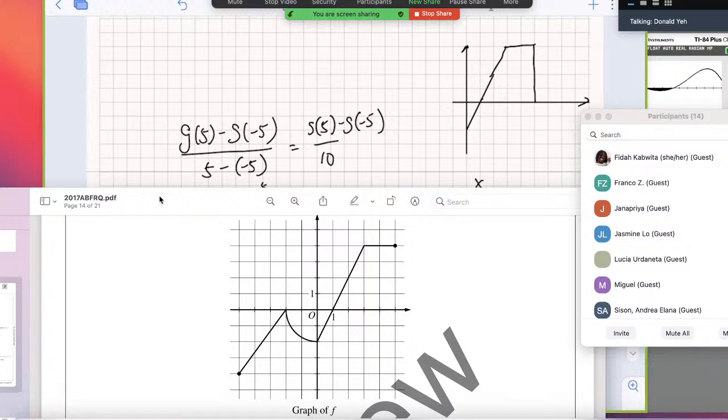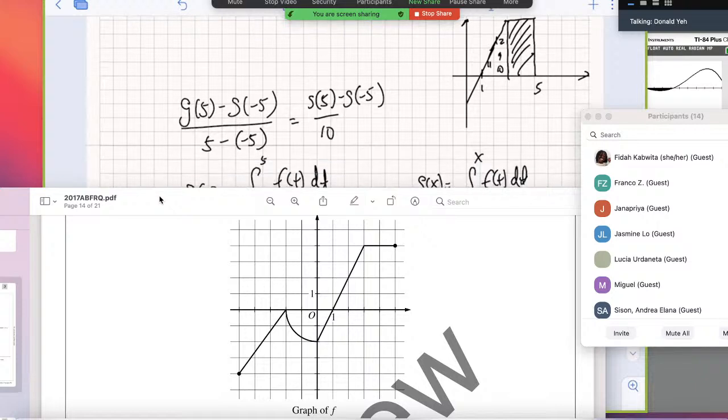So basically it's just the area under the curve from this point 1 to 5. So there was 8, 9, 10, 11, and 12. Do you see why that's 12? Yeah. Okay, so then that would be 12.